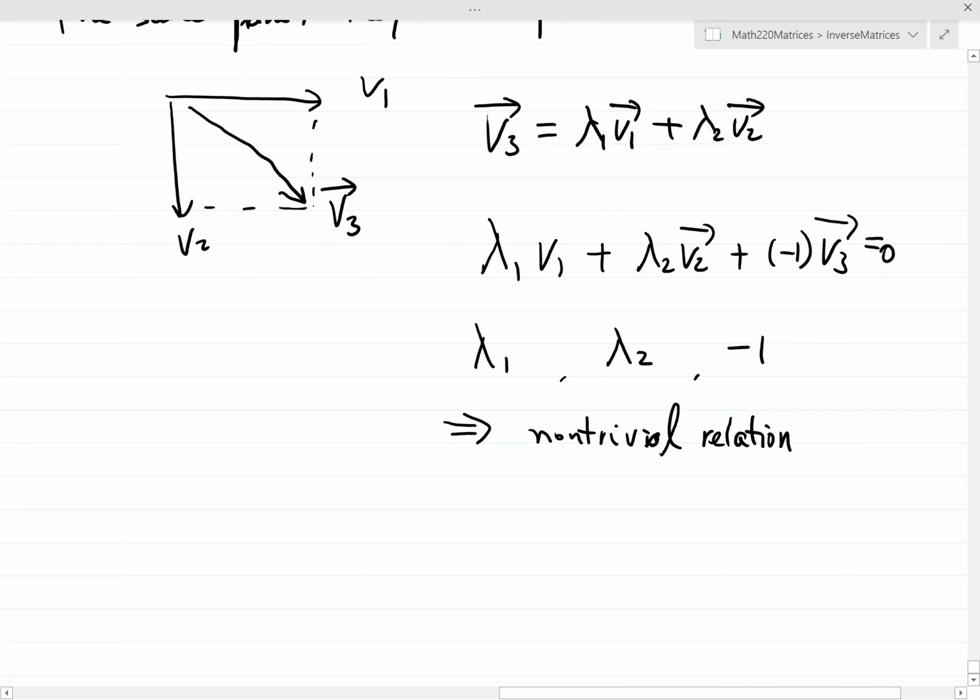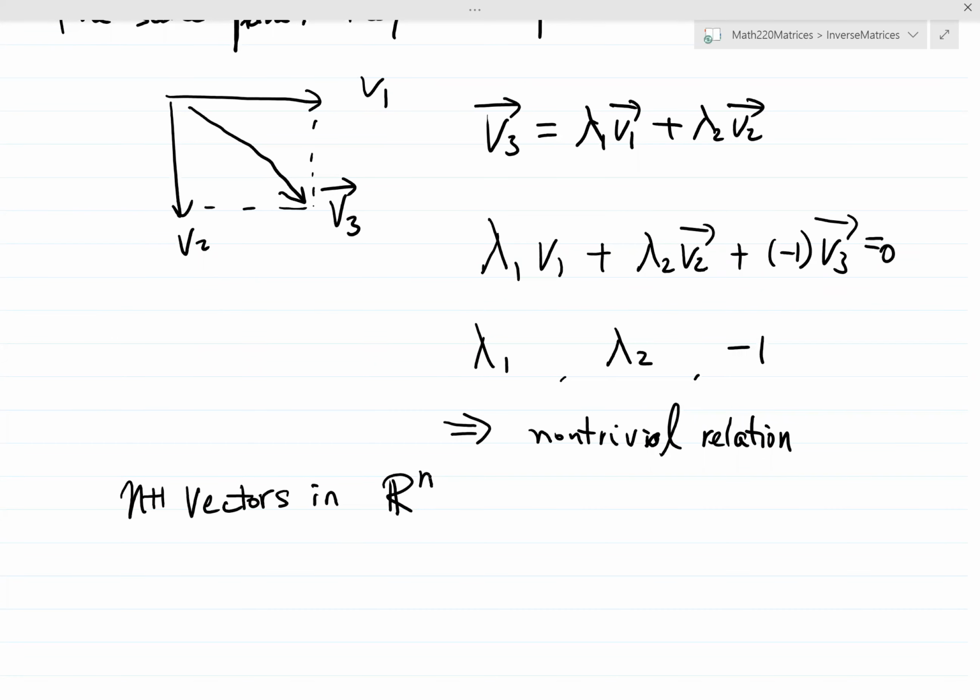If you have n plus 1 vectors in Rn, where Rn has dimension n, and they were linearly independent, then they would span dimension n plus 1.